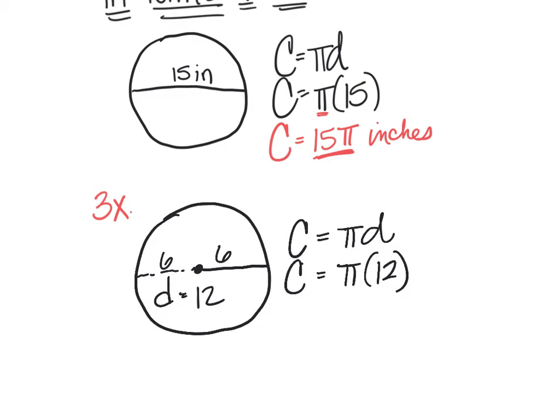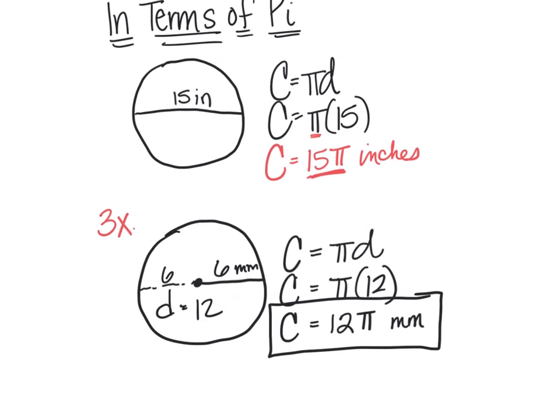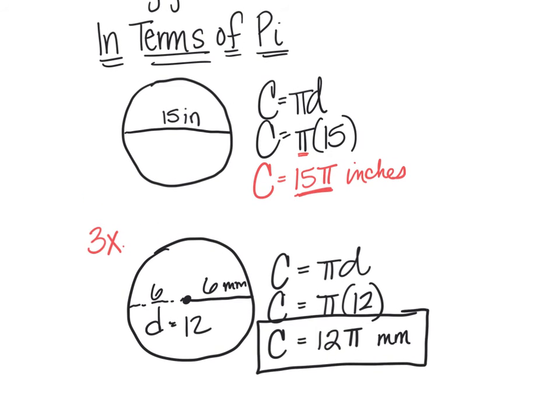And to write our final answer really pretty, we put the 12 in front, we put the pi there, and let's say this is millimeters. So the circumference of our circle is 12 times pi, or 12 pi. And that's it. You just write your answer and leave pi in the spot instead of 3.14.